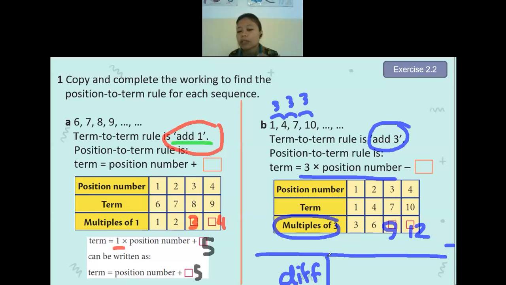So after you find the multiples of 3, you need to find the difference between the term and the multiple. The term is 1, the multiple of 3 is 3. So we just need to subtract 1 and 3. When we subtract, it will be negative 2. And then I need to check 4 minus 6, it will be negative 2. 7 and 9, it will be negative 2. 10 and 12 will also be negative 2.